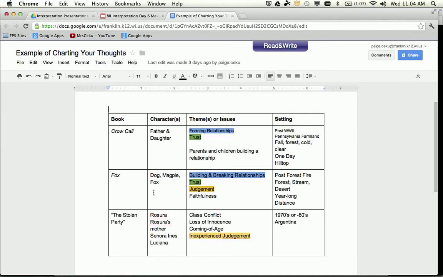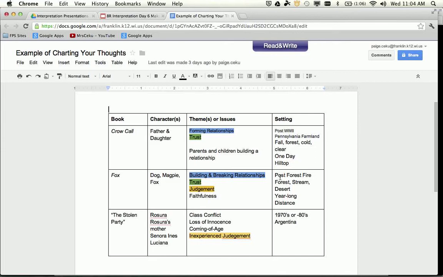In Fox, the main characters are dog, magpie, and fox, and theirs is also about building and breaking relationships. So in some way, the same as relationships. It's also about trust. This is also about judgment and then being faithful or loyal.